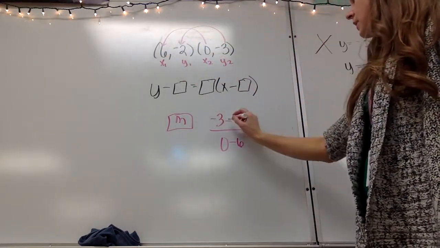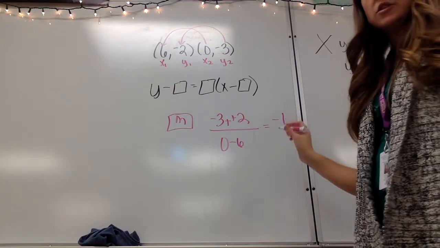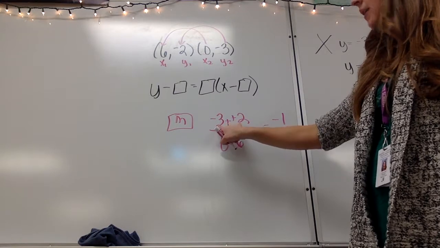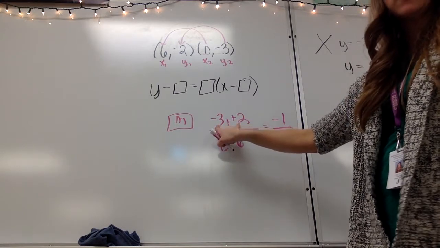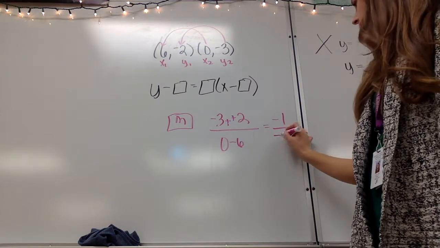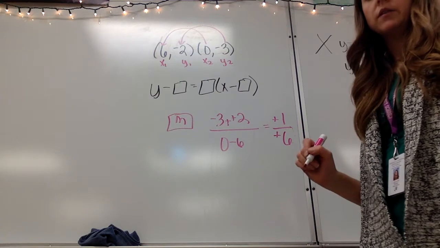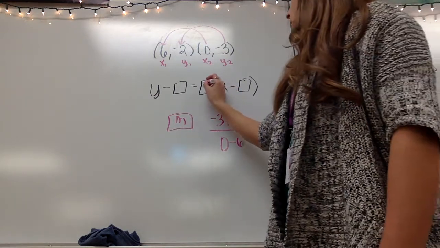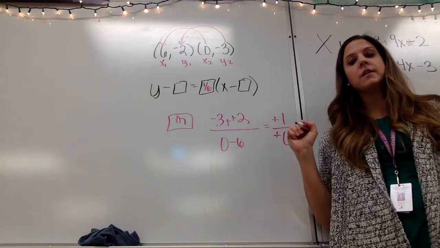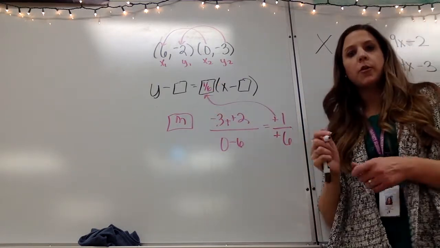So -3 minus -2 is -1 because I leave, change. -3 plus 2: same signs add, different signs subtract. So this is a subtract question, so that's where the 1 came from. So -1 over -6 becomes +1 over +6. Okay, that's my slope. So 1/6 goes in the middle, m for middle, m for slope.